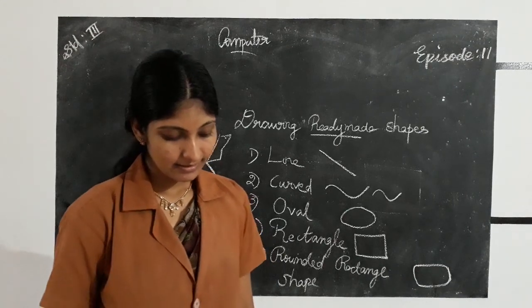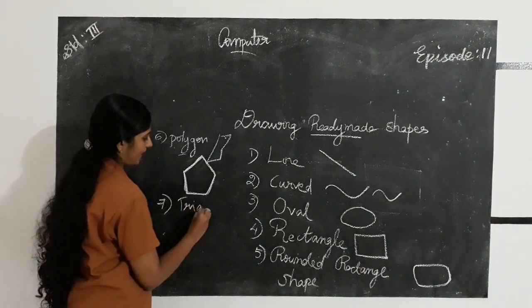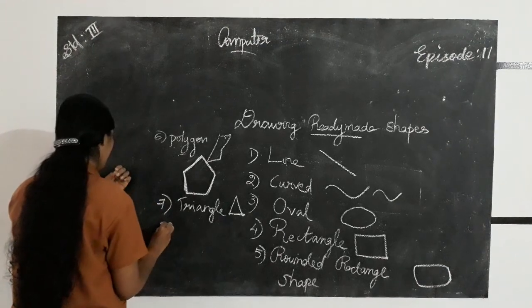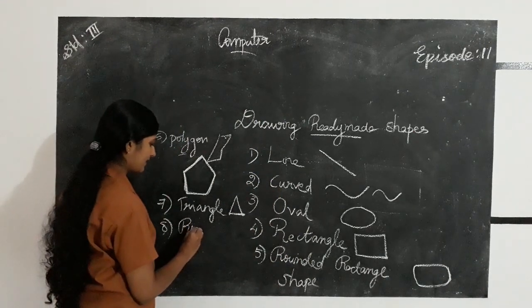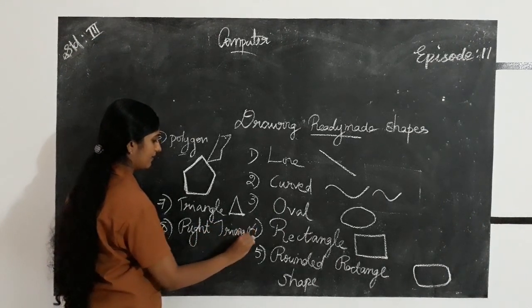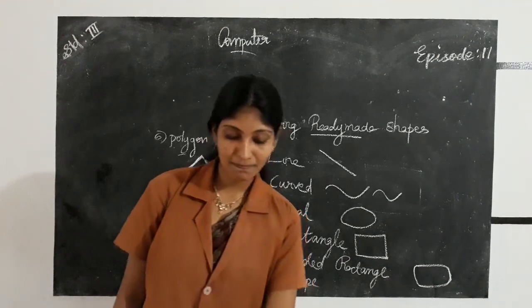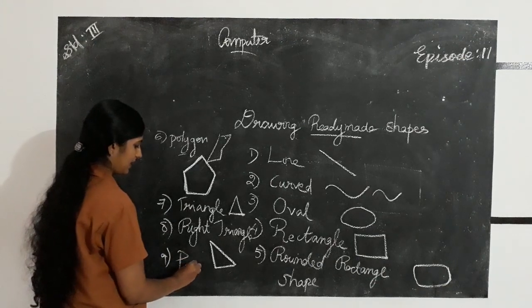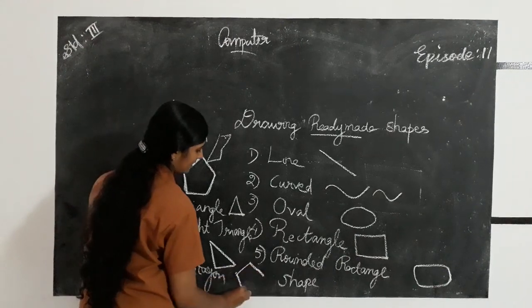Then next is triangle. Seventh one, triangle. T-R-I-A-N-G-L-E, triangle. Pentagon.